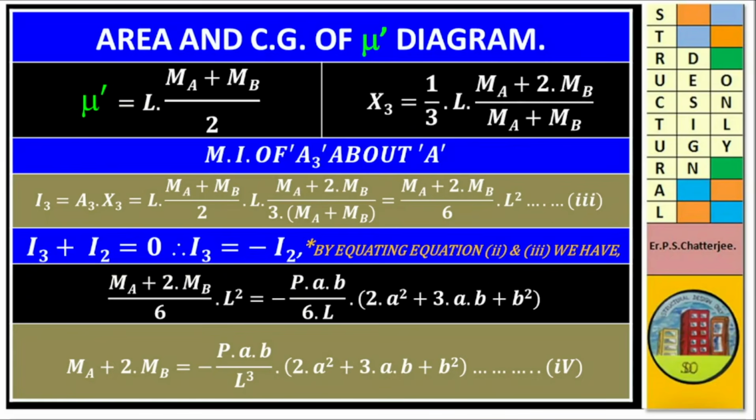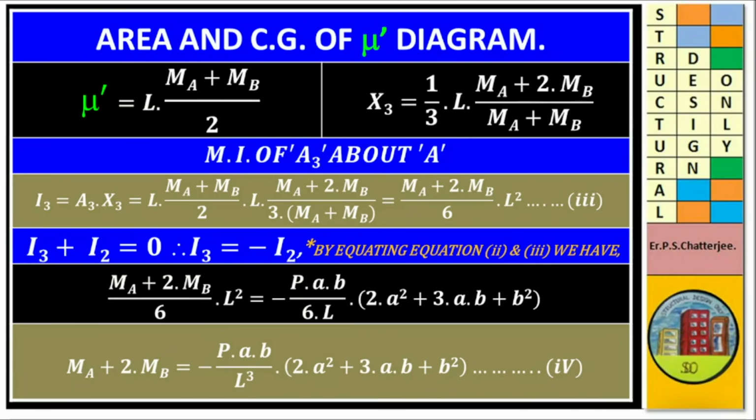Moment of inertia of A3 about A is I3 = A3 × x3 = L(MA + MB)/2 × L(MA + 2MB)/(3(MA + MB)) = (MA + 2MB)/6 × L². This is our equation number 3.